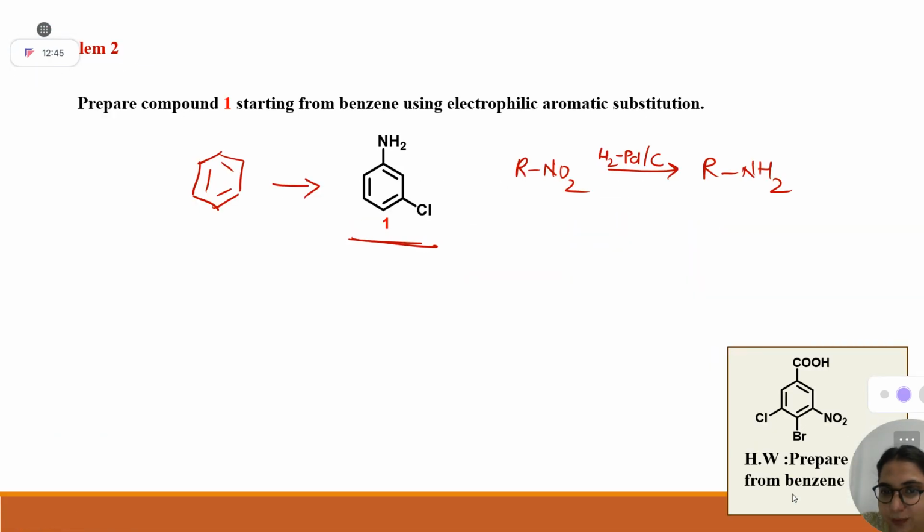If you are BSc students, in 12th class you must have read how to convert it in the nitrogen chapter. Could you recall tin in presence of HCl or iron in presence of HCl? Yes, and H2/Pd-C can also do the same work. Okay, this was your hint.